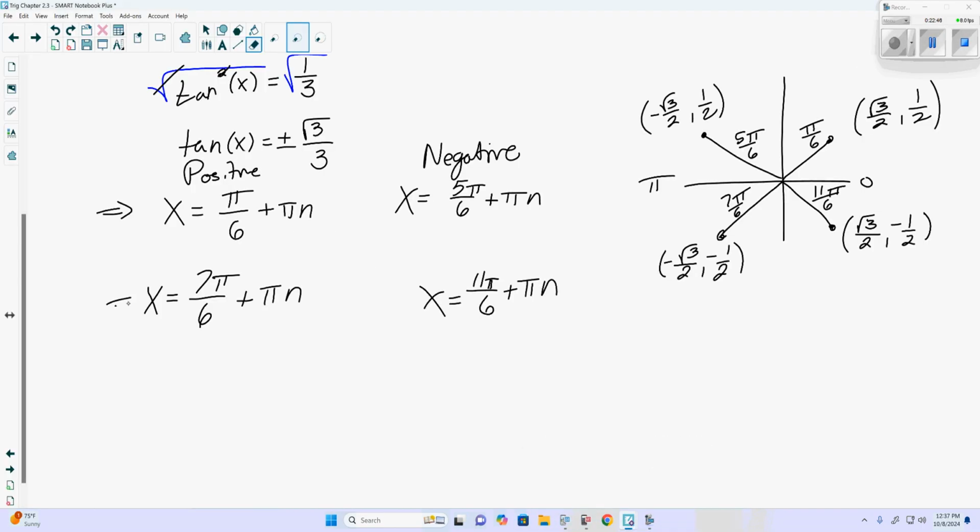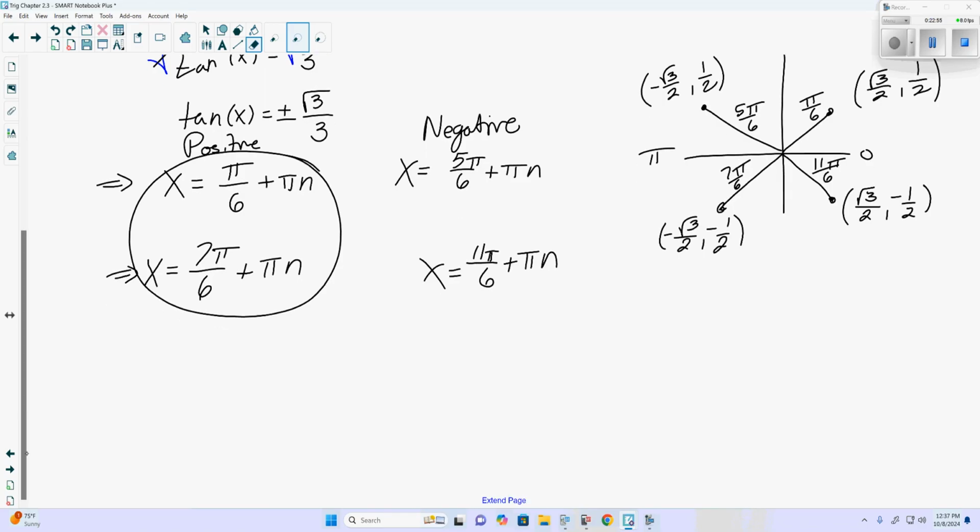Wait a minute. Isn't that this one here? So really, these two statements can be condensed to just x is equal to pi over 6 plus pi n. Those are the same statement.